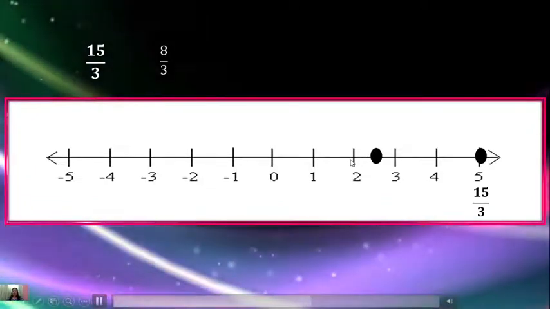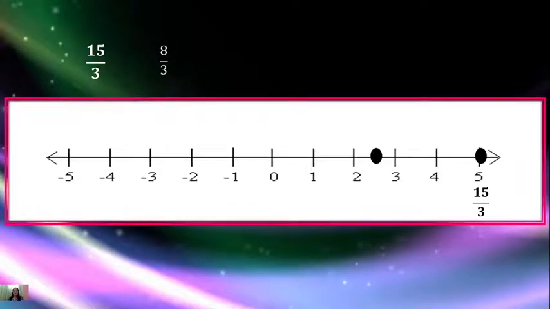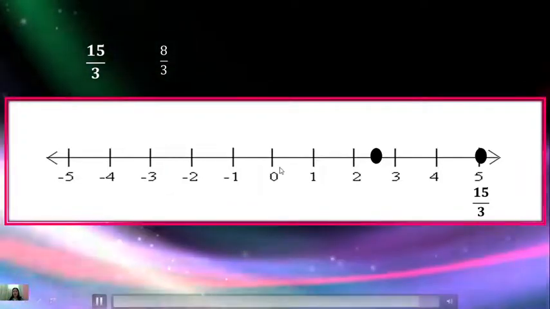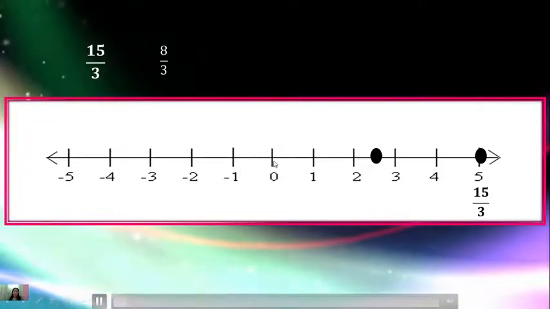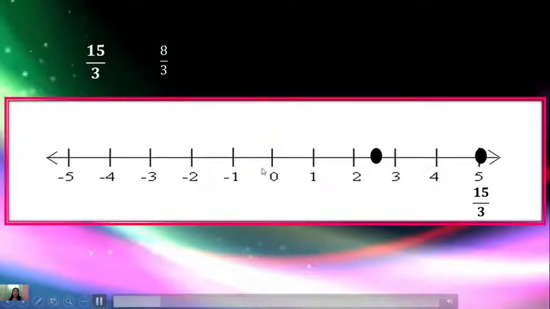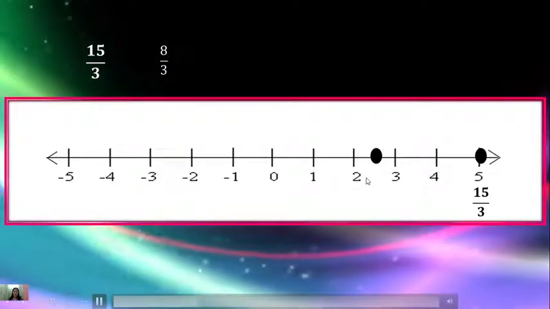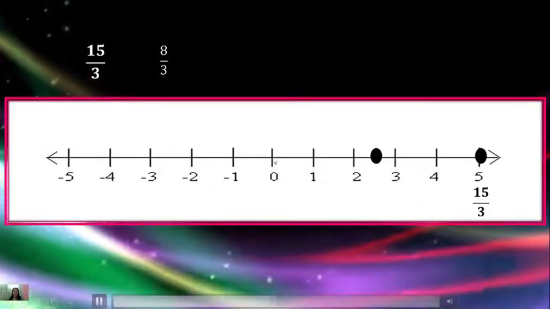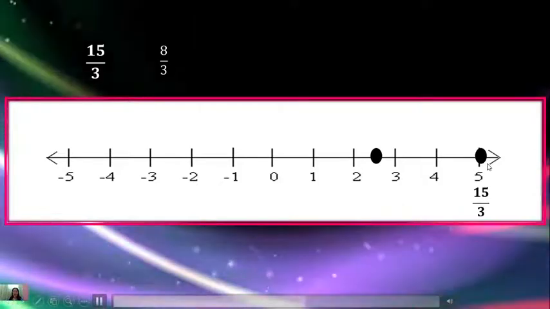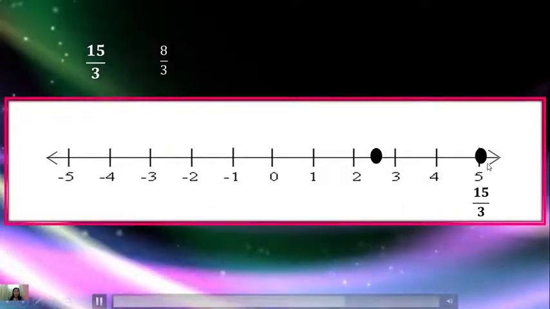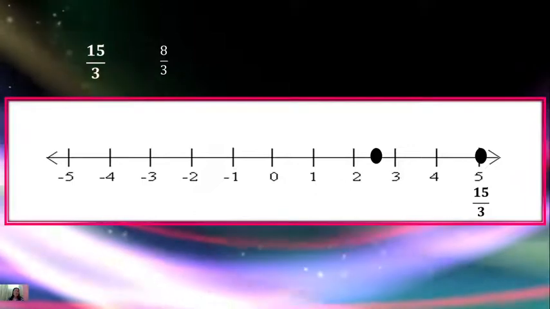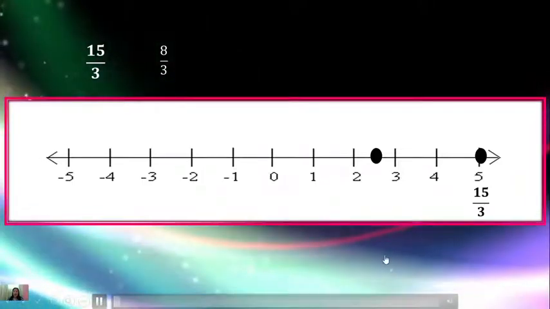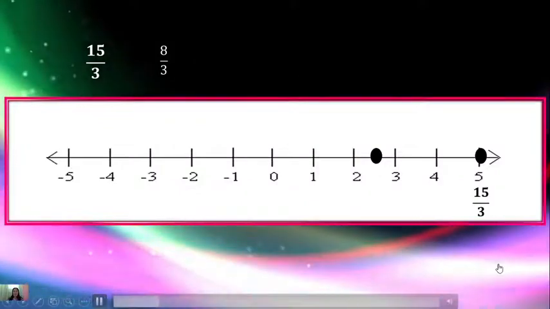Take note that if you will order these numbers, for example, in increasing order, if we are given 0, next we have 8 over 3 and 15 over 3. That is the arrangement, right? When you write it in increasing or decreasing order, of course 0 comes first, then 8 over 3, then 15 over 3.